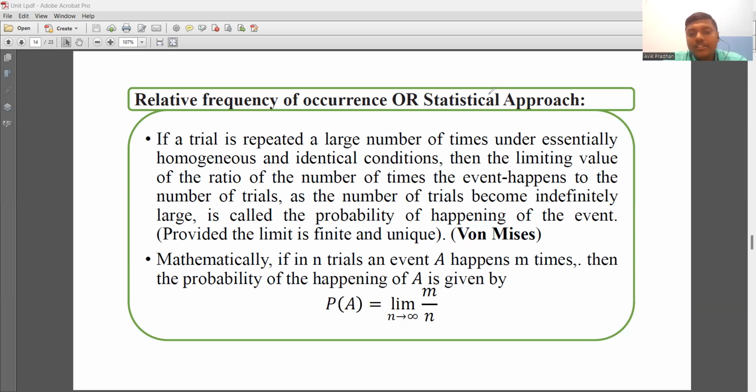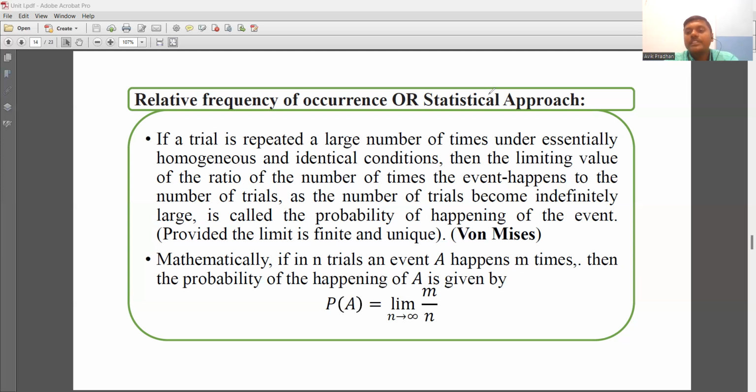So it says that I can define or assign the probability of an event as the limiting value of the ratio of number of times an event occurs to the number of trials we consider. And as the number of trials becomes infinitely large or indefinitely large, that limiting value will actually represent the probability of the event.